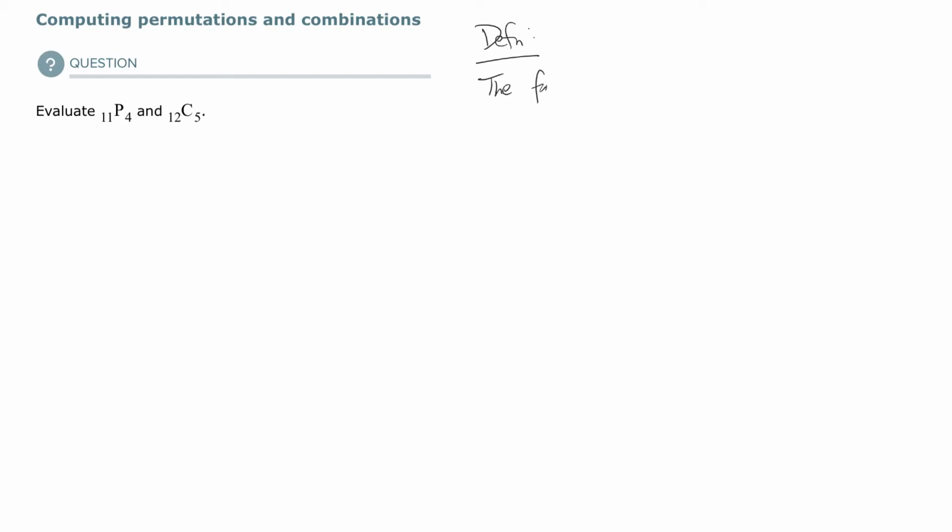The function f of n equals n factorial for n equals 0, 1, 2, ... n factorial is computed in this way. n times n minus 1 times n minus 2 times, and so the 3 dots mean that you're going to multiply things in this pattern, 2 times 1.